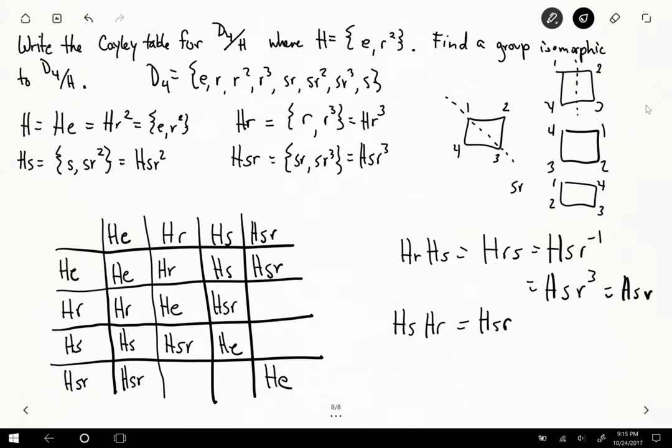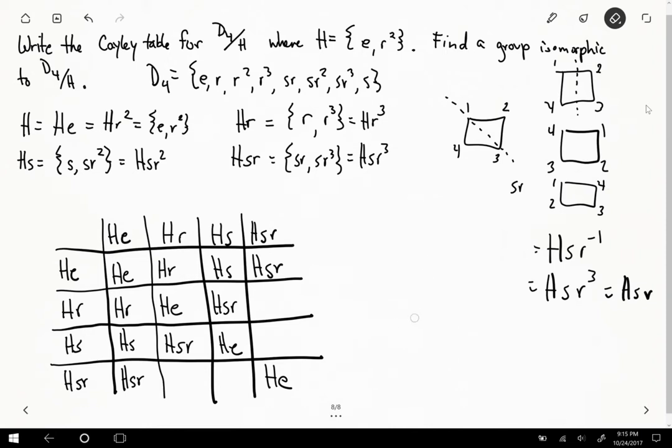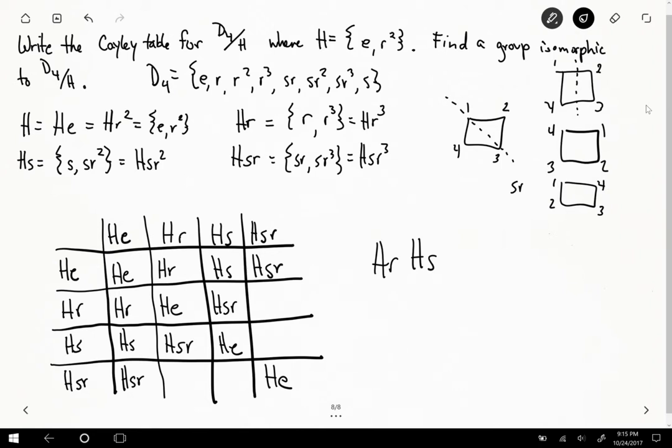Okay, so we only got a couple more, and hopefully they'll commute as well, because that'll tell us even more information as to what's happening. Okay, so we want to do HR and HSR.